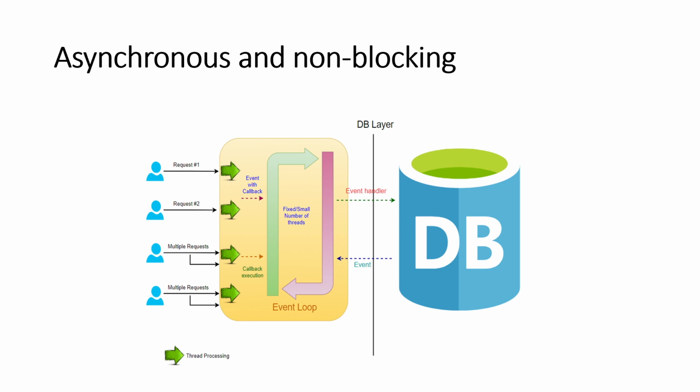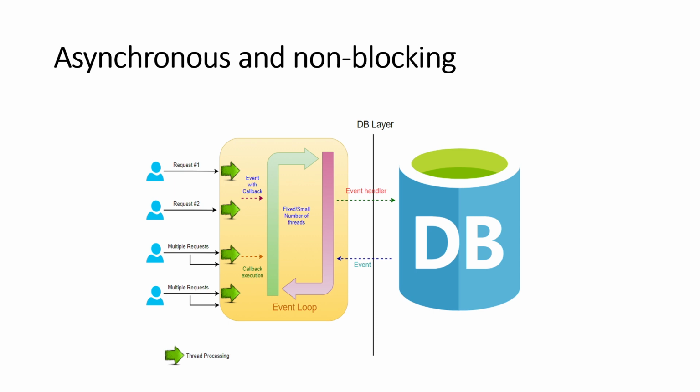Each thread will process its work asynchronously. For example, if we want to get data from a third-party API, after that we need data from the DB, and after that we need to send an email, all of these will work asynchronously. If you want to get a list of 100 employees, that will be processed asynchronously.